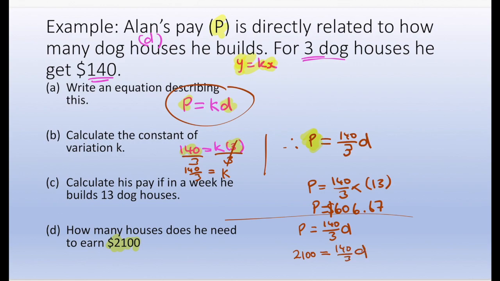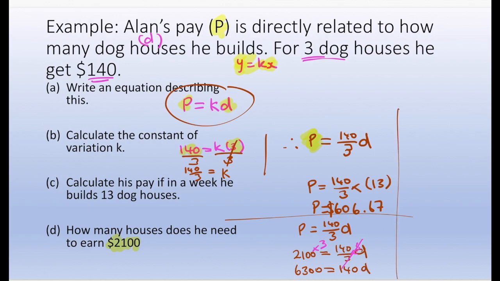And now we need to solve for D. So I'm going to times by 3, times by 3. So I should get 6,300 is equal to 140D.